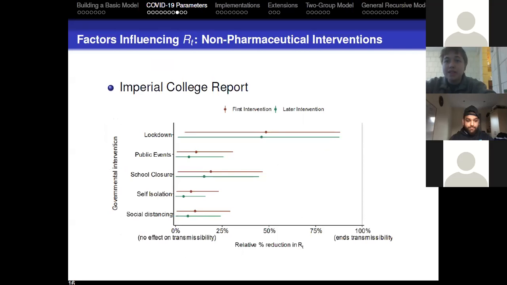And so you can see that a lockdown can reduce RT by around 50%. And then these other measures, including banning public events, closing schools, self-isolating when exposed, and social distancing in general can reduce RT by around 10 to 25%.